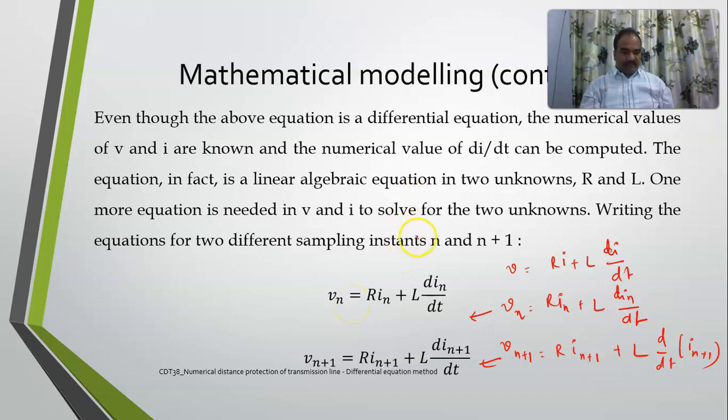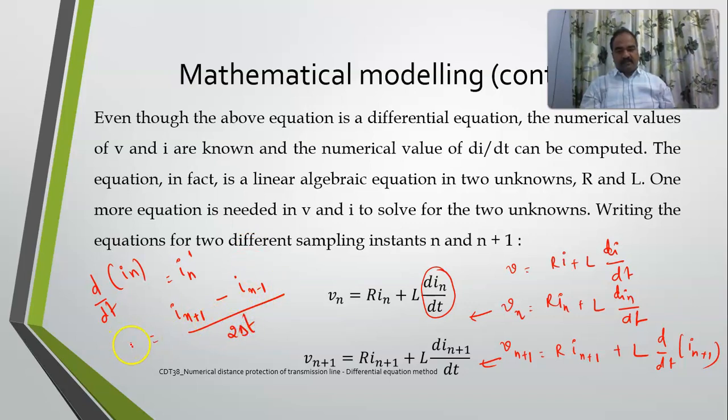In this equation, if you carefully see, this is din, right? What is din? It is d by dt of in, or I will call it in dash. We have seen yesterday how to compute this. I can write it as, if I take two samples, not adjacent samples, separated by at least two time intervals, this is in dash, or din by dt.